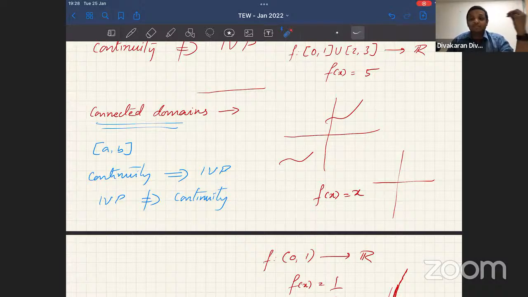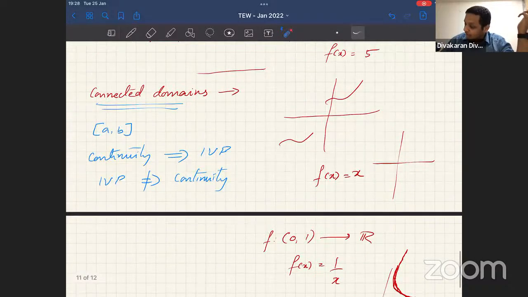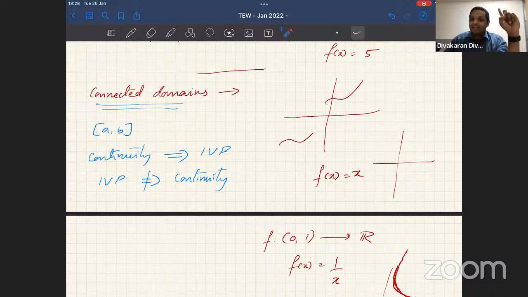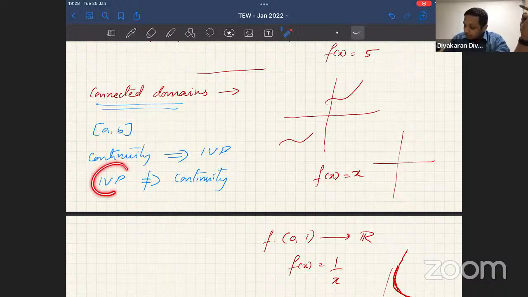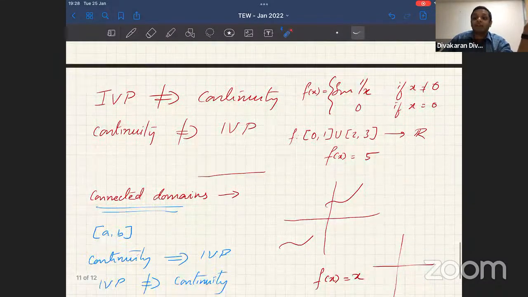Now it is natural to ask two questions. Question number one: how do I know this? Question number two: continuous functions satisfy the intermediate value property, but there are more functions that satisfy it. Can we characterize all functions that satisfy the intermediate value property?